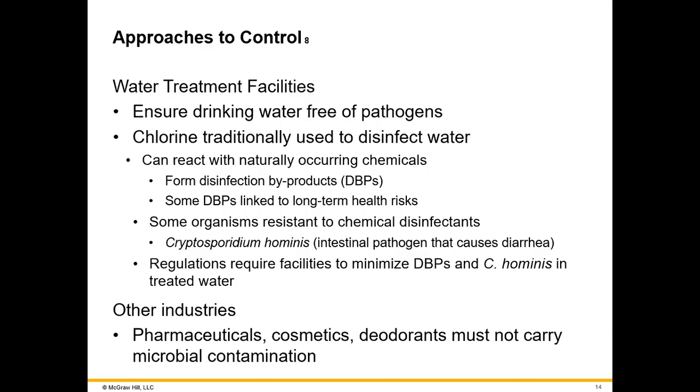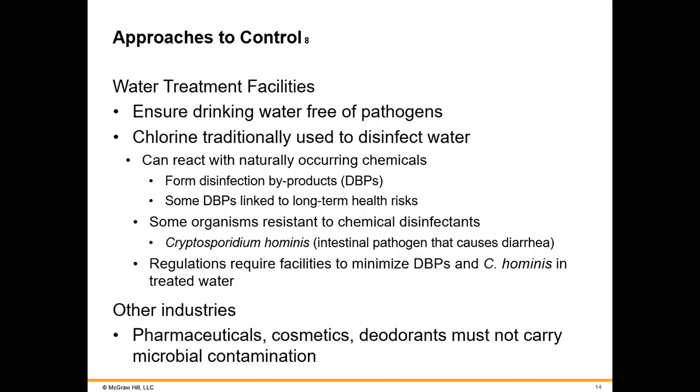There are some organisms that are resistant to the chemical disinfectants at the levels that we use. Right? So here, we're not free to use chlorine or other chemical agents at any level we want. There are upper limits that are established by the government.